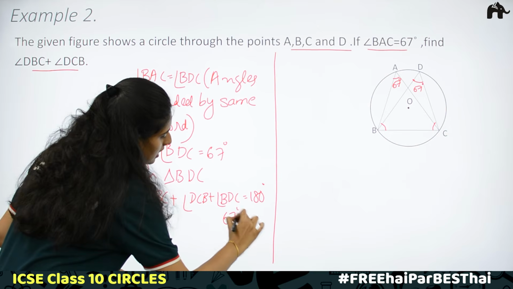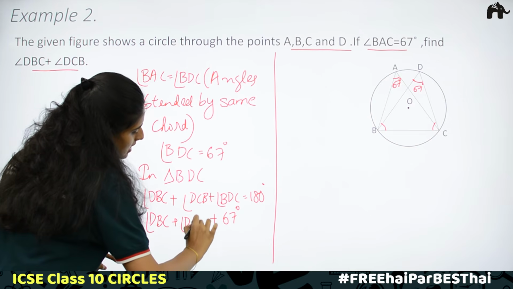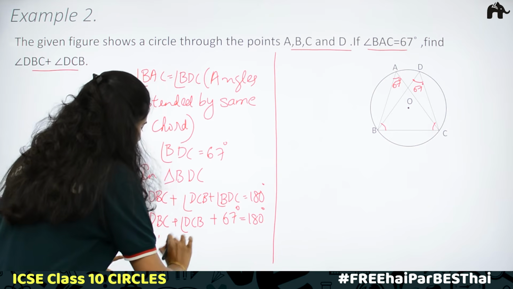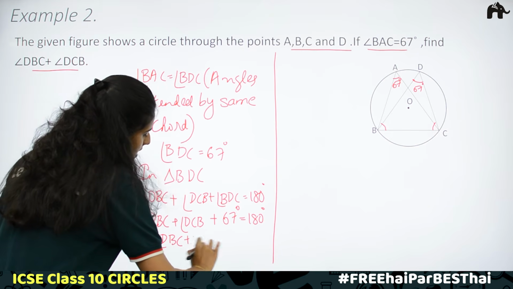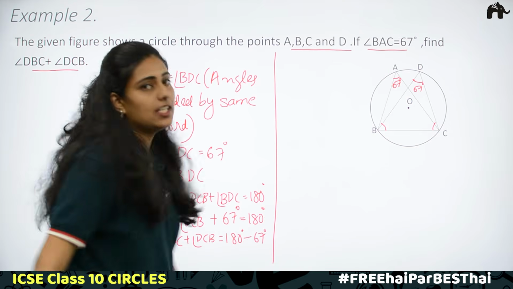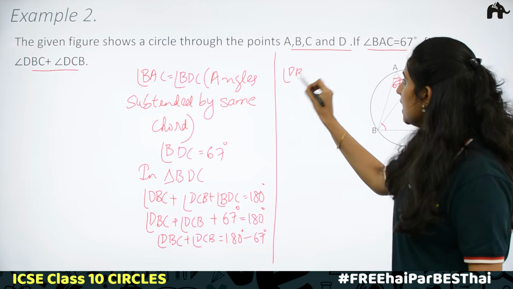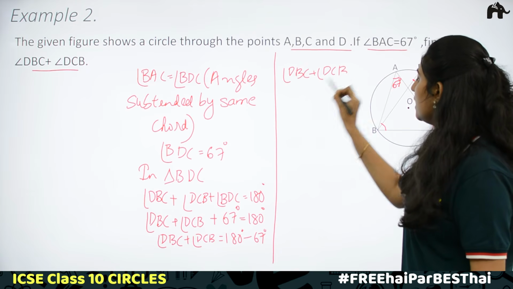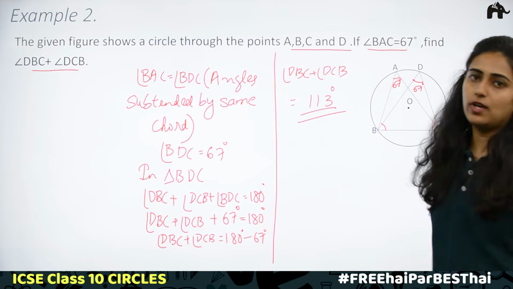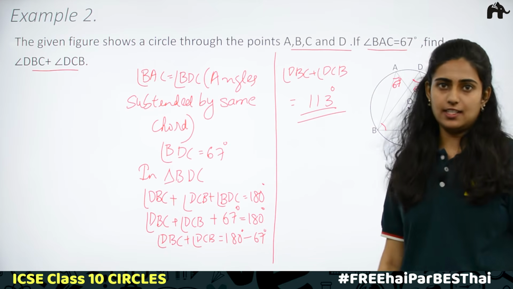Then angle DBC plus angle DCB will be equal to 180 degree minus 67 degree. Angle DBC plus angle DCB is what we have to find. Therefore, angle DBC plus angle DCB equal to 180 degree minus 67 degree, you will be getting 113 degree. So, this is the required angle. Angle DBC plus angle DCB is equal to 113 degree.